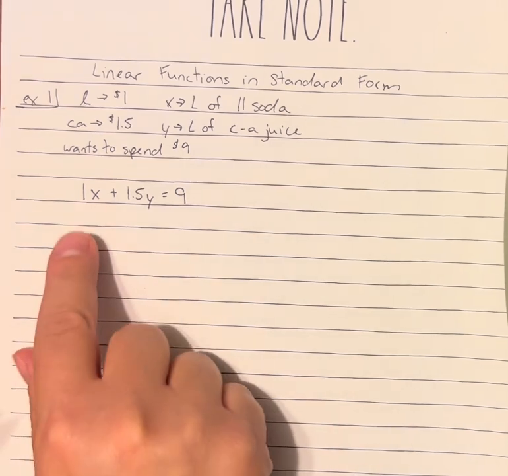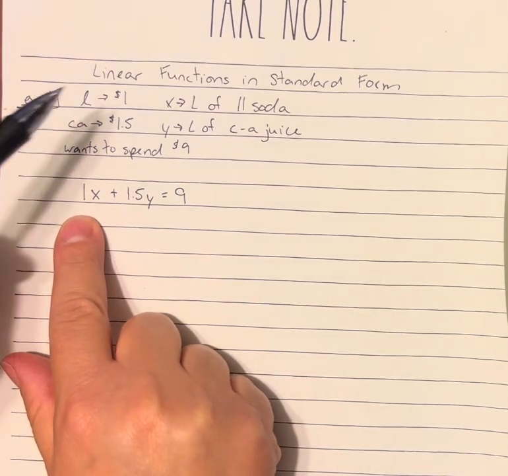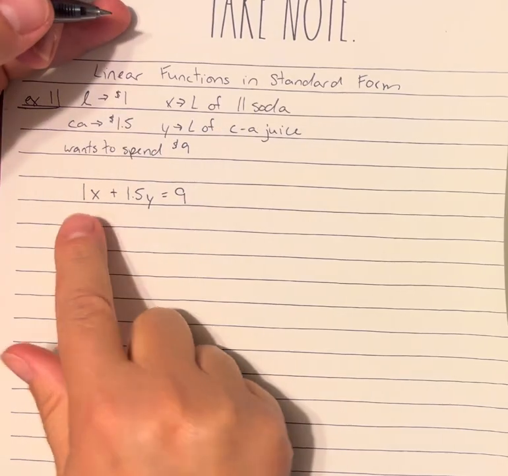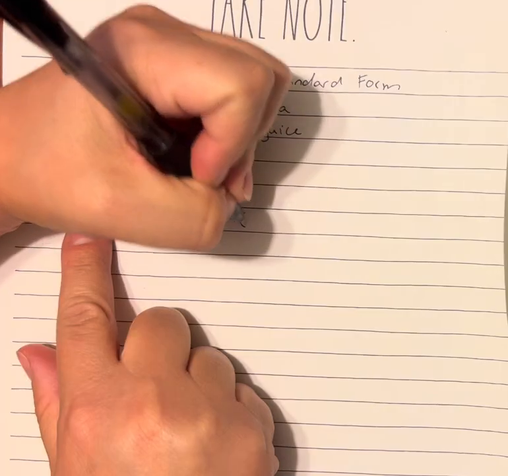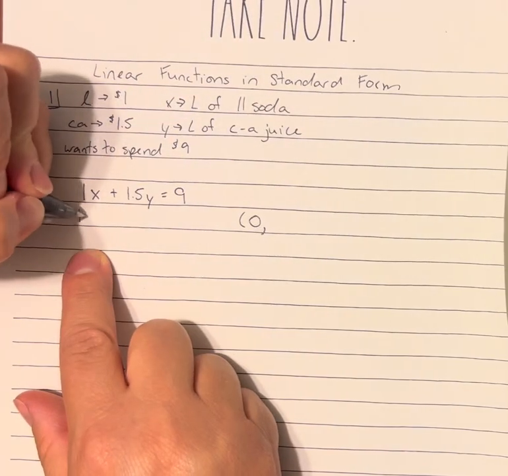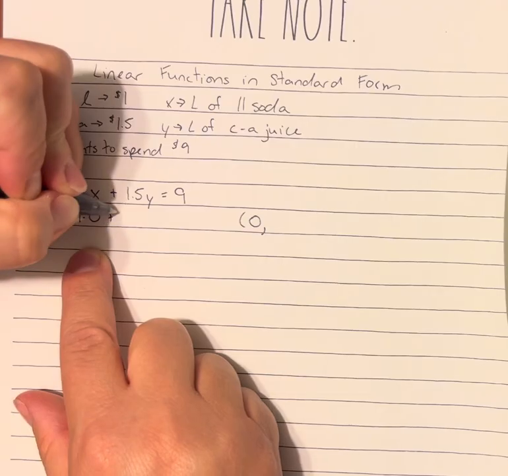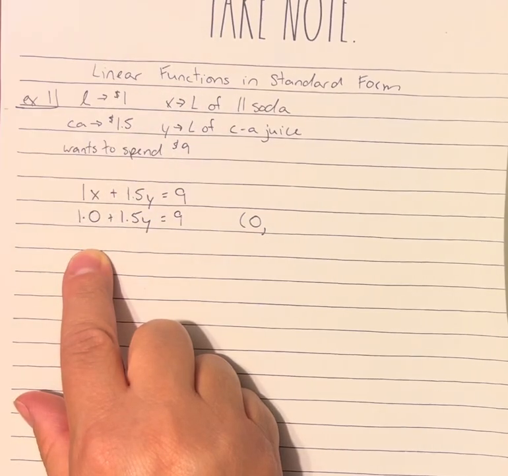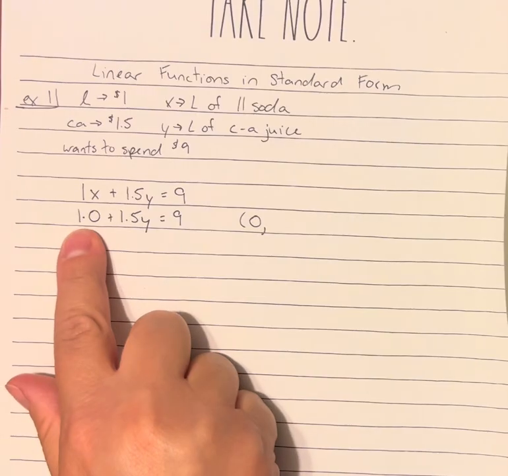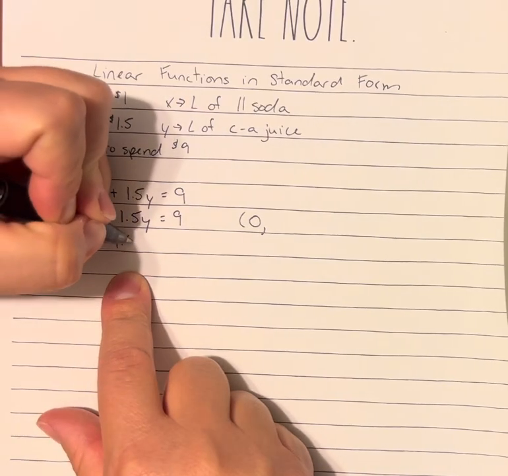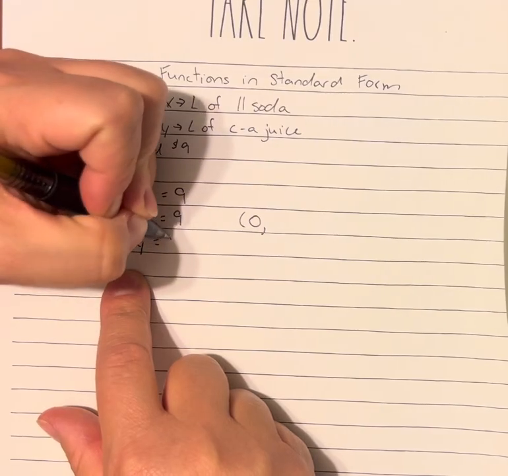So if he bought none of the lemon lime soda, that would be a 0. So the X value would be a 0. So I'm gonna write that over here. And so we would have 1 times 0 plus 1.50y equals 9. And so 1 times 0 is just 0. So that makes the equation 1.50y equals 9.